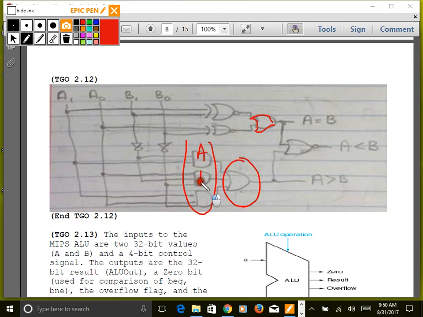Here, I'll put O, A, and O. And this is X for XOR and XOR.